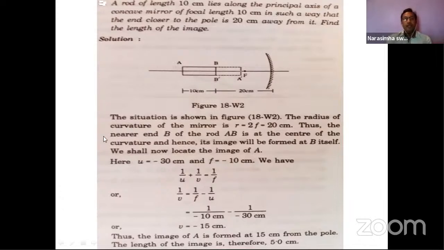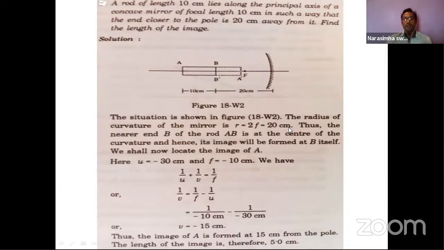So the radius of curvature of the mirror, we know the formula: f is equal to R by 2, or R is equal to 2f. The formula we already know. So the radius of curvature is equal to 2f, and f is already given in the problem. The concave mirror has focal length 10 centimeters, so the radius of curvature is 20 centimeters.